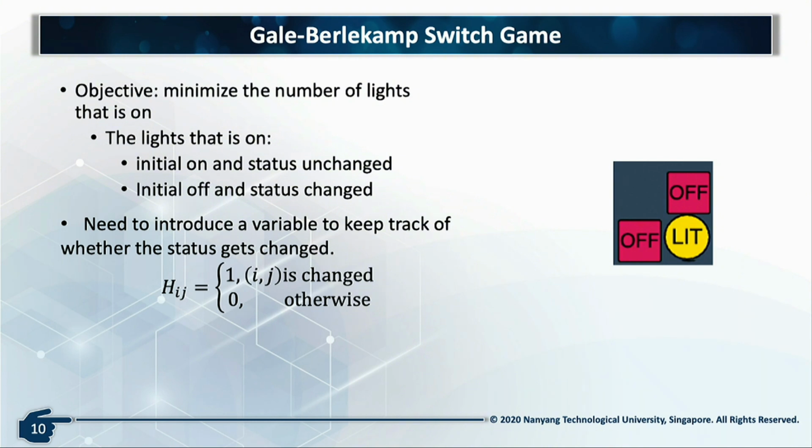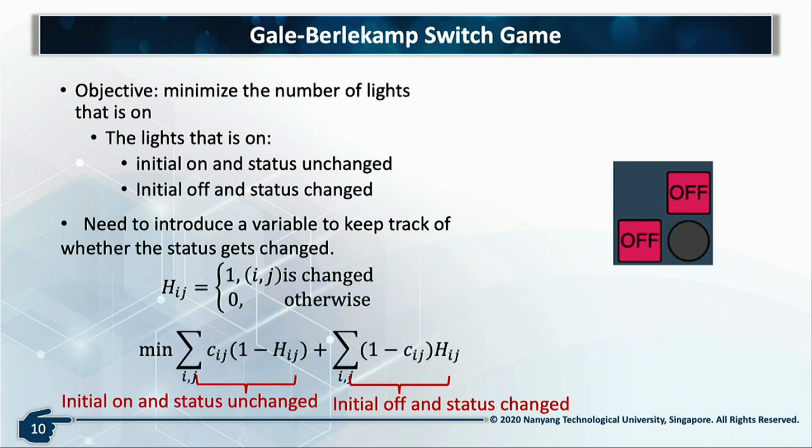Okay, with these introduced binary variables, now we are ready to represent this objective in a mathematical function. Our goal is to minimize the number of lights that are on. With the input data Cij and the introduced decision variable Hij, we can represent the number of lights that are on as a linear function in terms of H. As analyzed before, this number should include two parts.